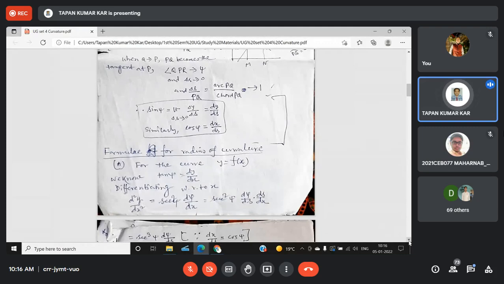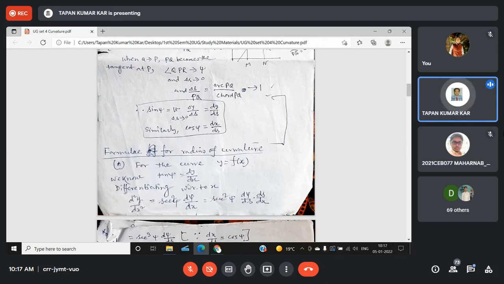Every time will you generate the formula, then find the radius of curvature? No. There are some standard formulas. You have to remember them. You can substitute there for the curve. Only remember that if no point is mentioned, then it is any general point P(x, y). But if the point is given, you have to find the radius of curvature at that point.